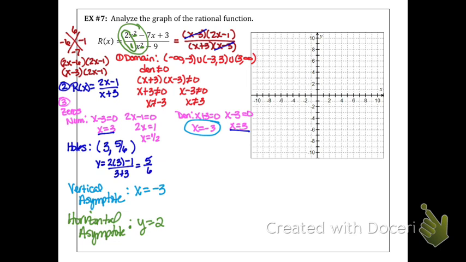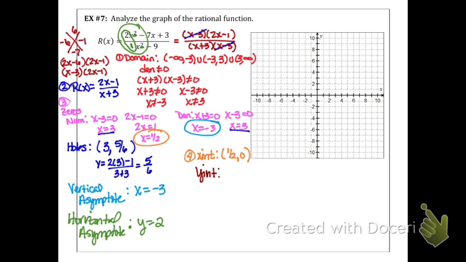Then it told us to find the x and y intercepts. That was step 4 it gave us. So the x-intercept, remember, is the zeros that are unique in the numerator. The one that's unique in the numerator was that 1/2. So we could say it's at 1/2 comma 0. And then we have our y-intercept. Our y-intercept is just when we plug in 0 for x.